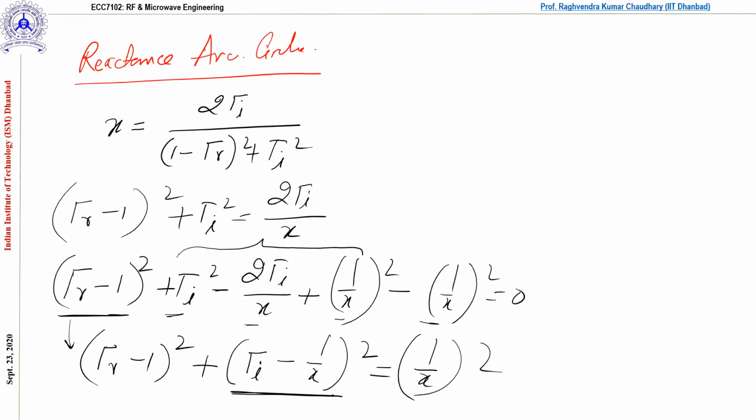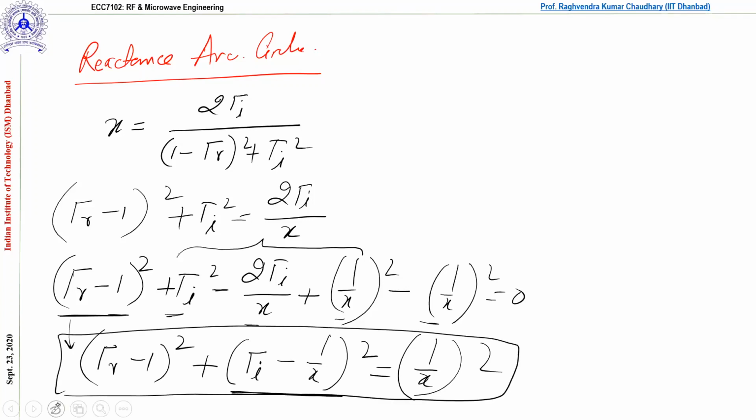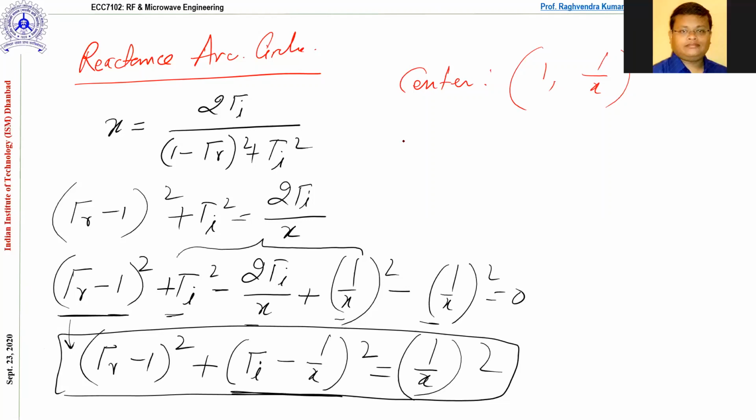So now we have this equation, and it can be compared with the equation of a circle. From this equation we can write the circle center point and the radius. So the center will be 1 comma 1 by x, fine, and the radius will be 1 upon mod of x.